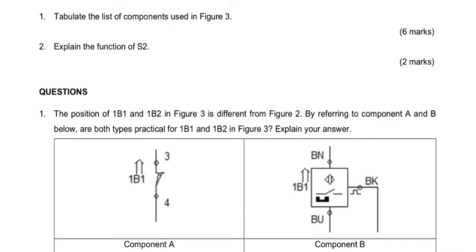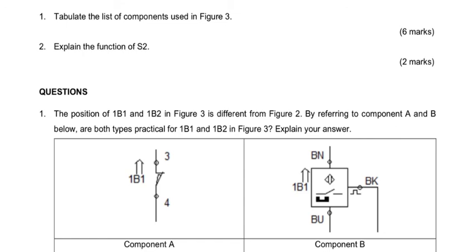For question number 1, the position of 1B1 and 1B2 in figure 3 is different from figure 2. By referring to components A and B below, both types are practical for 1B1 and 1B2 in figure 3. The purpose of the component is the same, but the component parts are different. The magnetic proximity switch works a little differently from a limit switch.